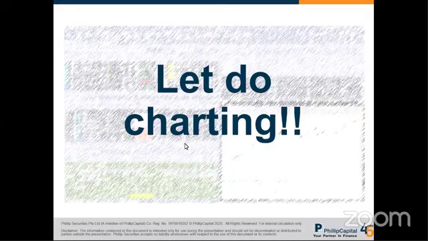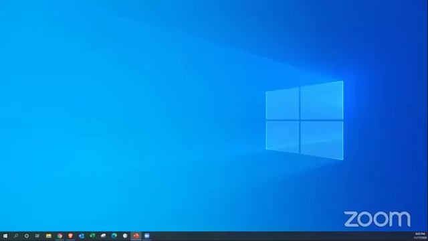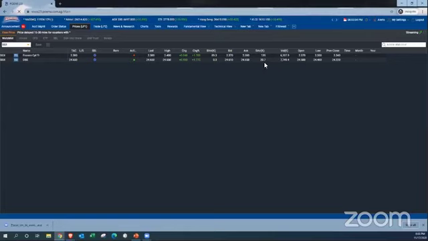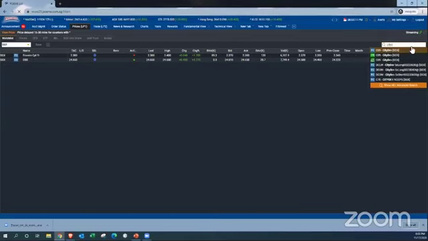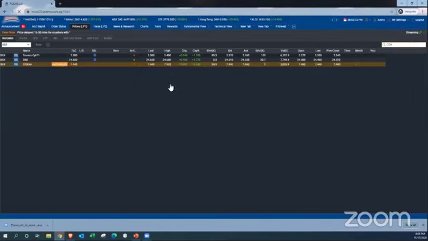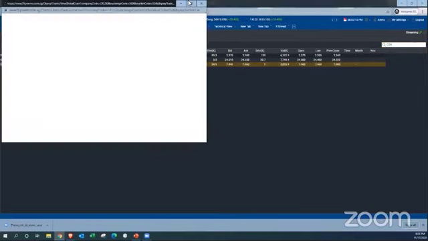I think some of us have been looking at some counters, so let me open the charts first. Someone has suggested City Development. City Development is a property developer.